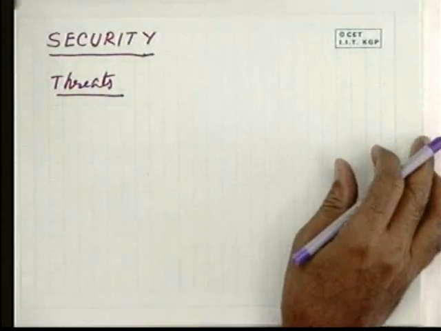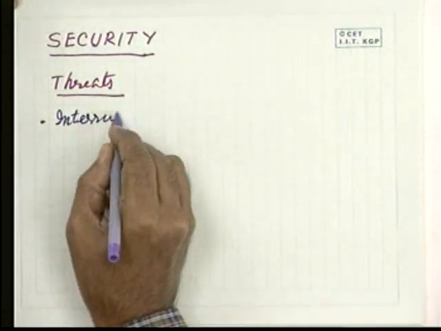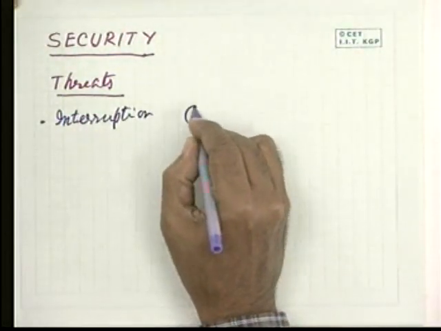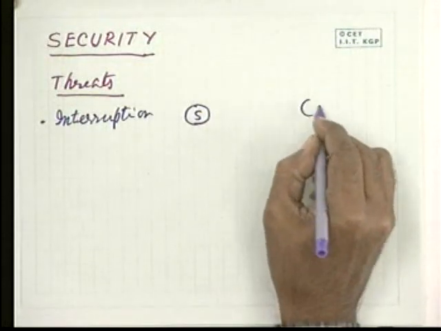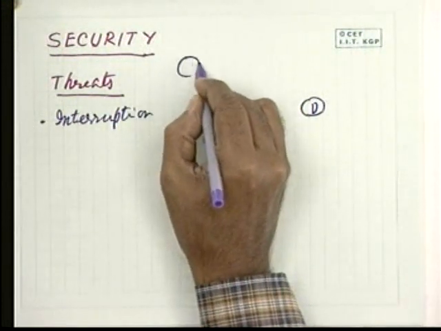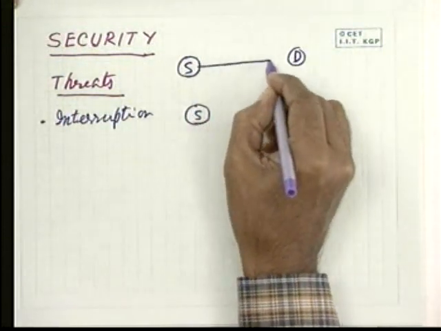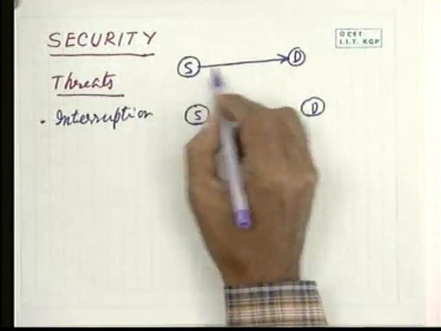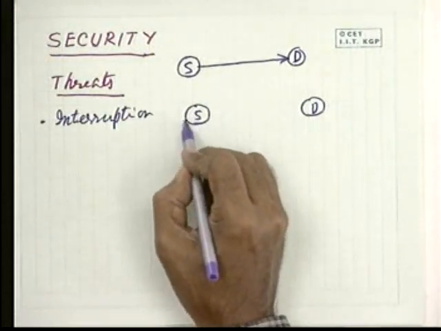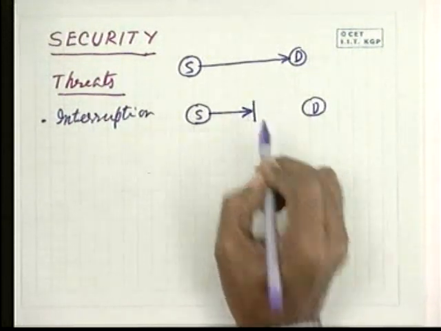The threats can be broadly divided into four types. Number one is interruption. In interruption, suppose you have your source and this is your destination D. Normally, how will you communicate? Maybe through the internet, which I am not showing. There is a direct link and communication takes place from source to destination. But whenever an interruption occurs, the information is not allowed to reach the destination.